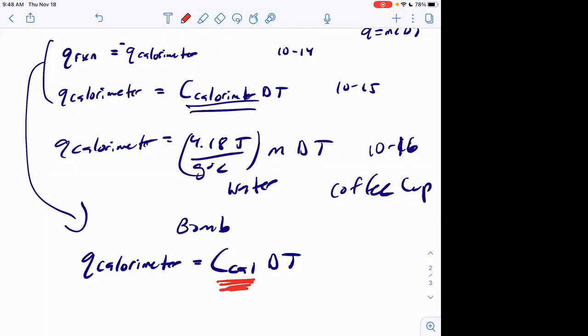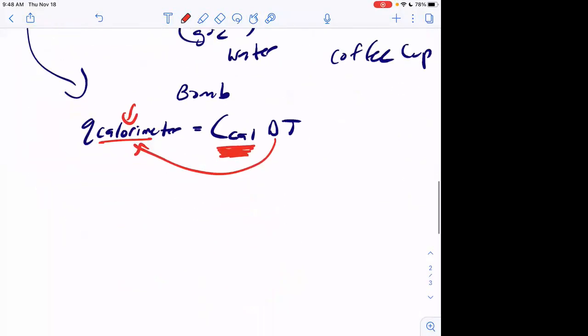So all you're doing is you're taking this divided by this, and you're getting this from a known quantity. This is where they use like benzoic acid or something like that. Something you know how much heat it's going to give off per amount of material, so you can figure this out. Then you can use your bomb calorimeter with this equation.